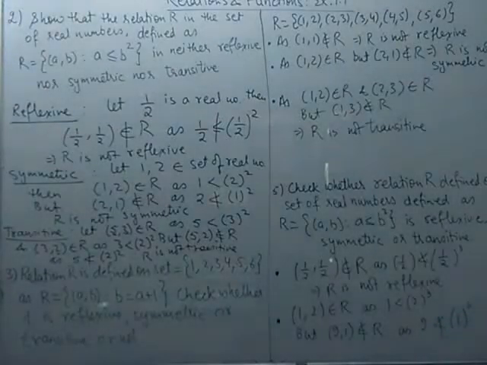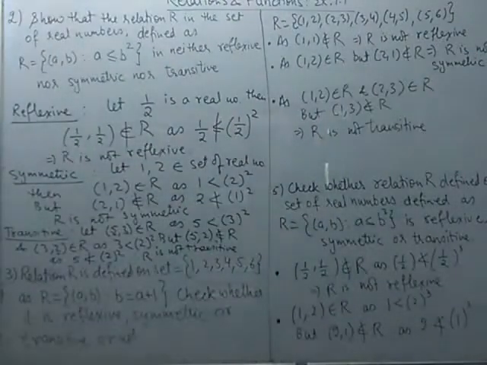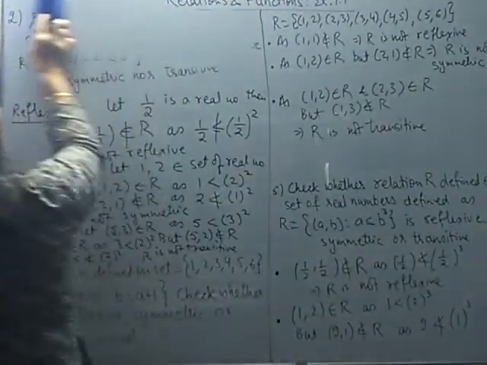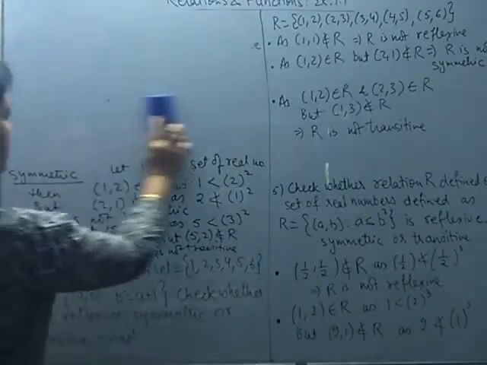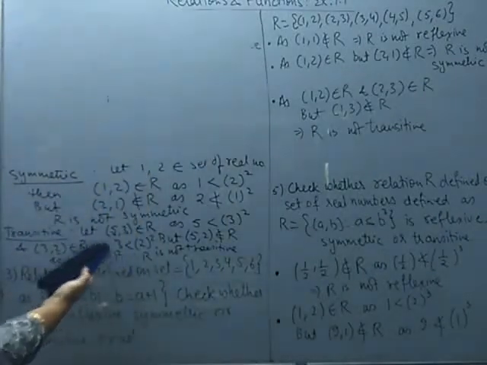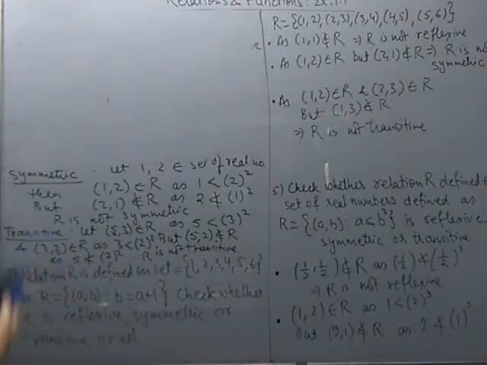So what does this imply? This implies the relation is not even symmetric. Checking for transitivity, the example taken in the previous one is not going to help us. This one, we need to think again and try to locate some pairs using which we can prove it won't be transitive. So think of three real numbers.